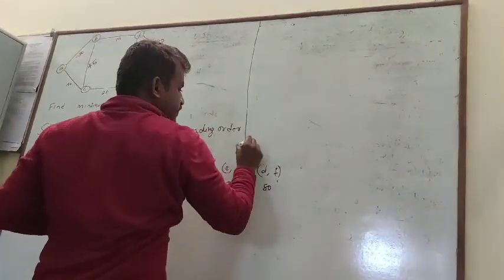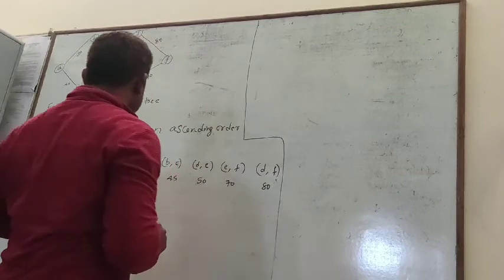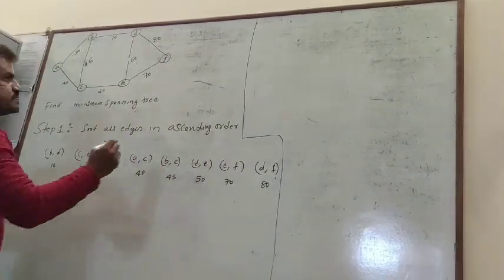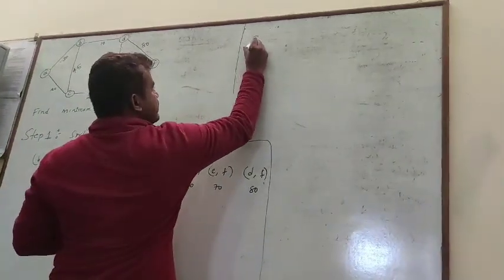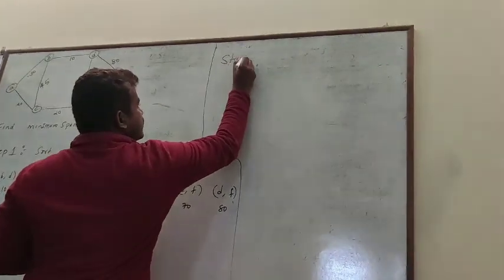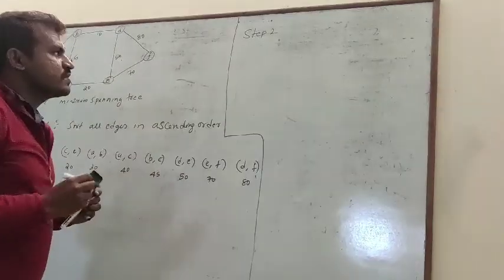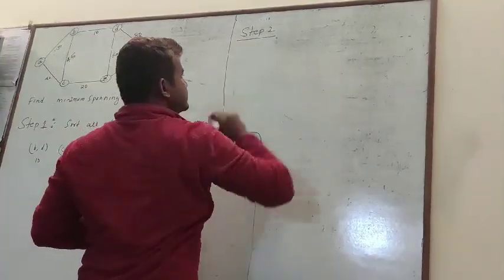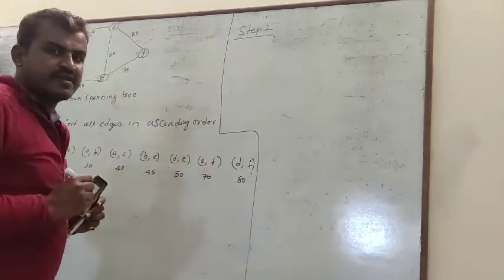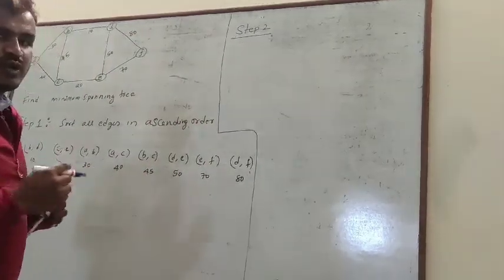Step 2, you have to write this way. In this step 2, you have to construct the spanning tree by picking edges one by one.